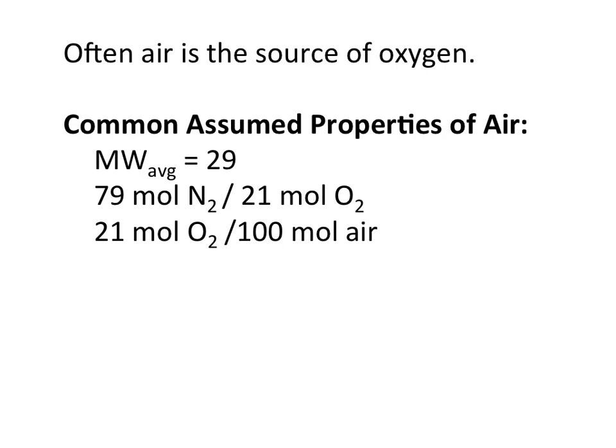But we typically ignore everything but oxygen and nitrogen, and we assume that we have 79% nitrogen, 21% oxygen, or in other words, we have 79 moles of nitrogen per 21 moles of oxygen, or 21 moles of oxygen per 100 moles of air, or 79 moles of nitrogen per 100 moles of air. So this is the typical composition: 79 mole percent nitrogen, 21 mole percent oxygen, and the average molecular weight given here for air.